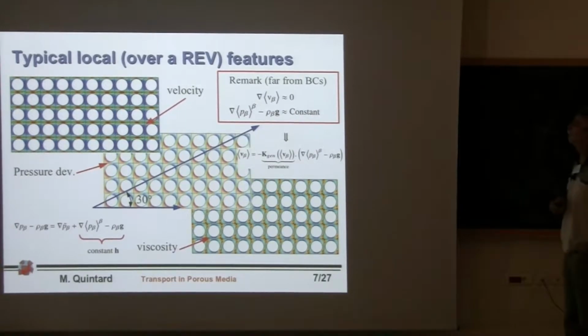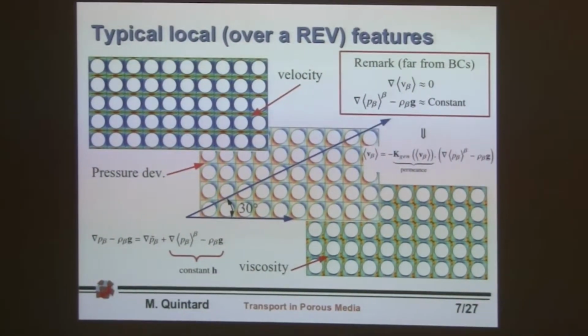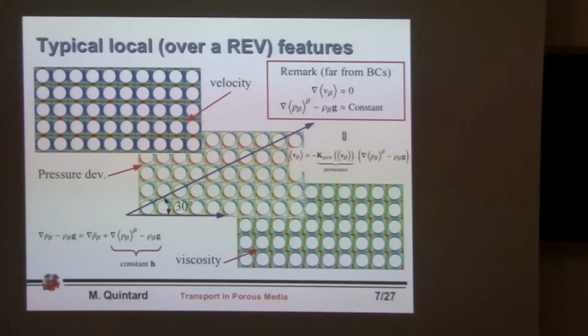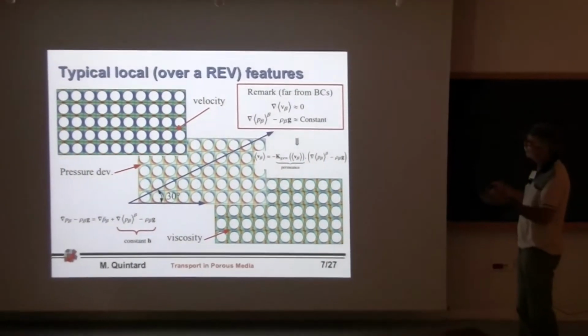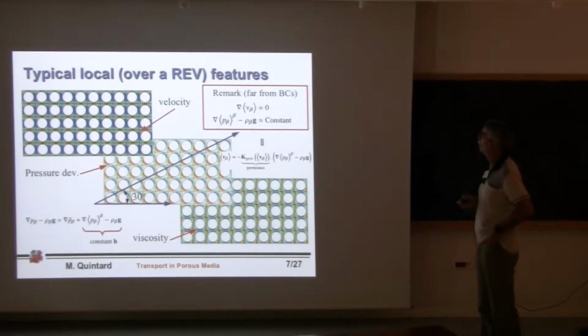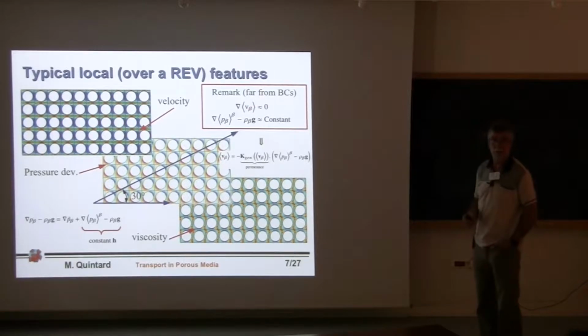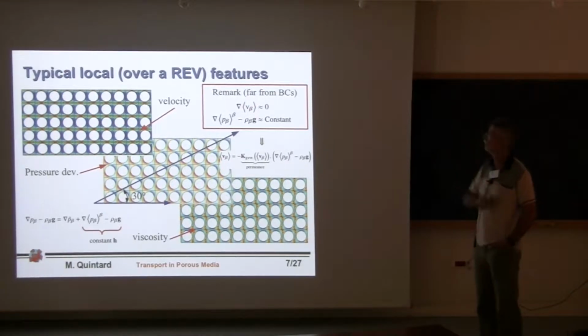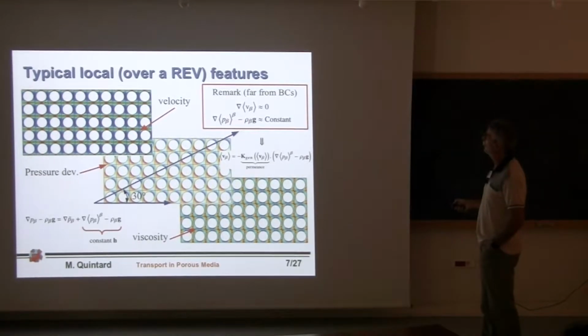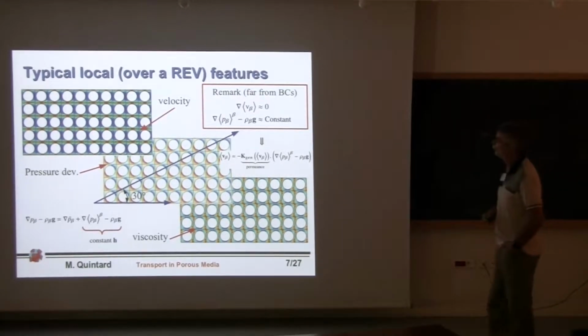Well, I will use a pedagogical picture, which is represented here. Like for the Navier-Stokes problem, I can work with the equation and show that the average velocity is almost constant locally in your reservoir, so if you are far from boundaries, from wells, from whatever, and also that the gradient of the average pressure is also constant.